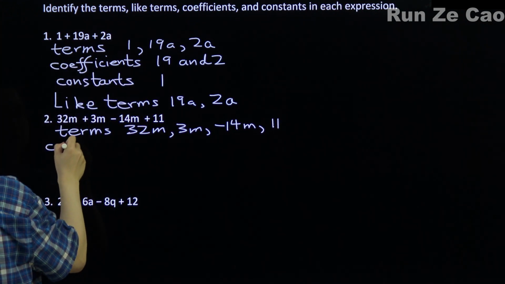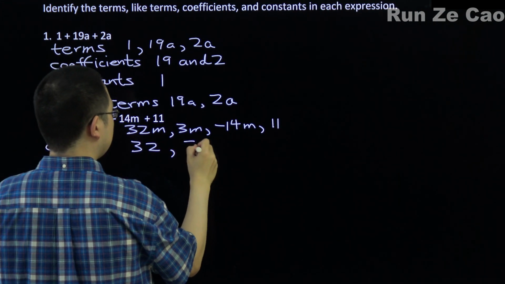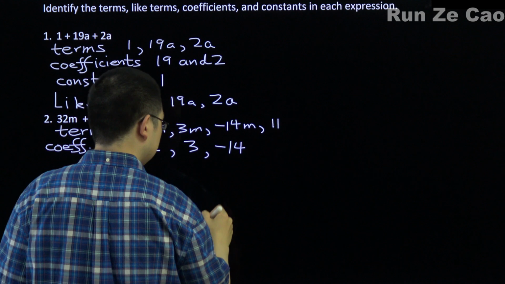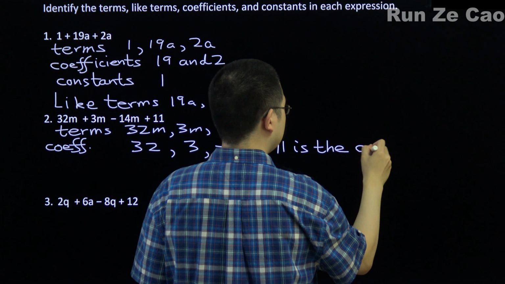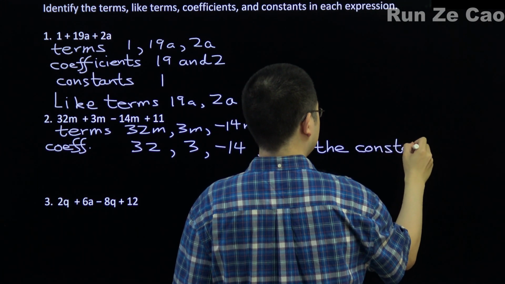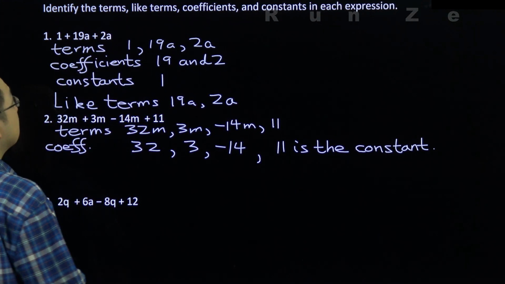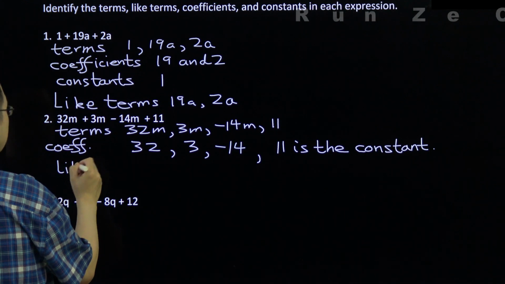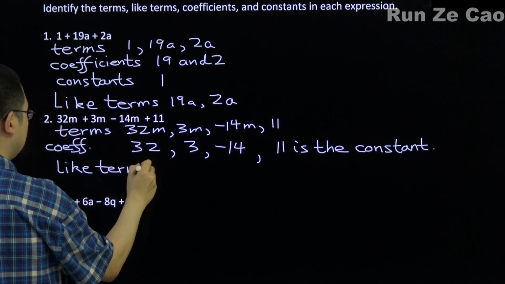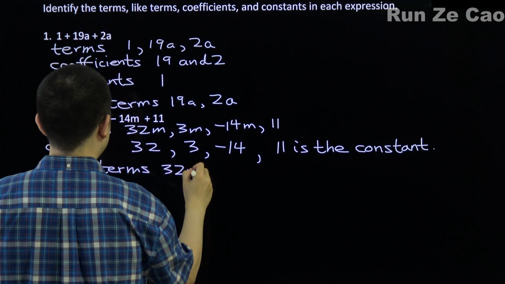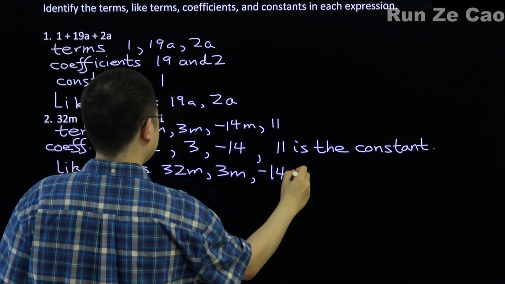The coefficients are 32, 3, and negative 14. 11 is a constant. Okay, what about like terms? Well, we got a bunch of terms with just m. Like terms: 32m, 3m, negative 14m.